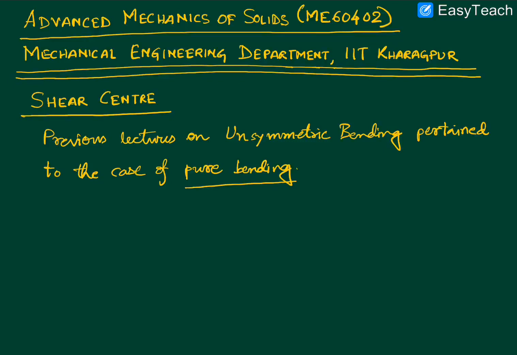However, those bending moments would actually be induced by the application of some mechanical forces on the beam. So, to take a quick concrete example, suppose we consider a cantilever beam like this, and we consider this kind of tip loading.